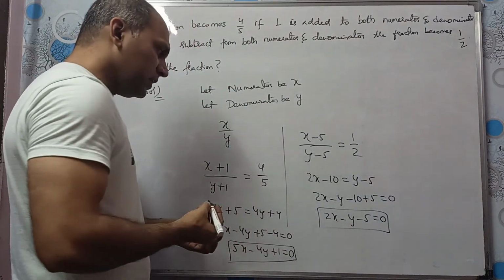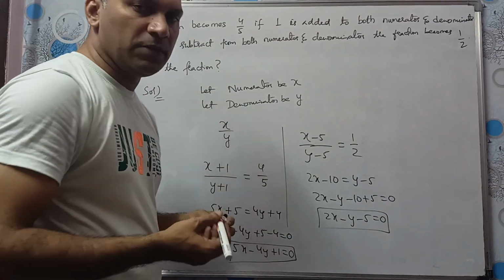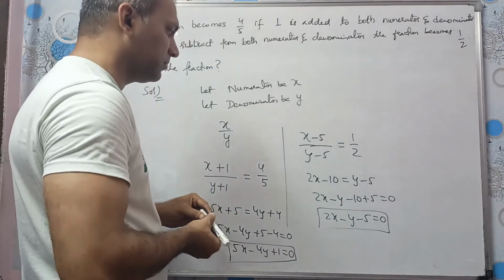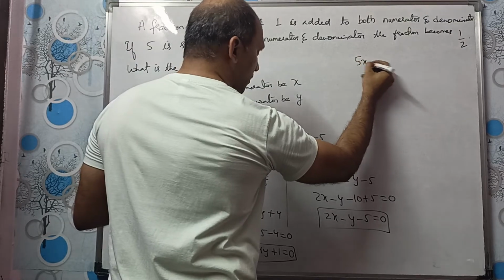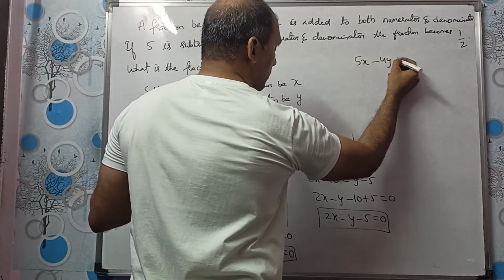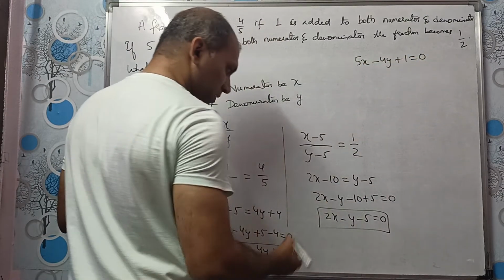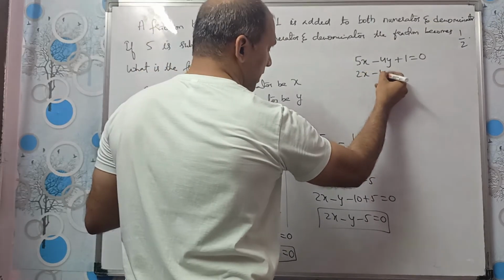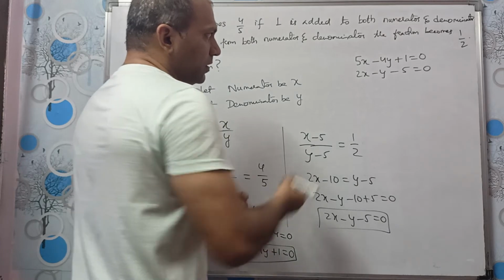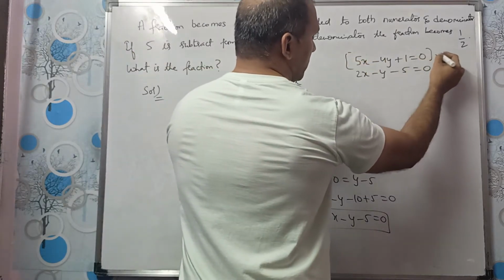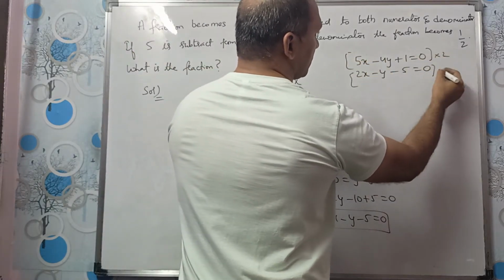Okay, we can use either substitution method or elimination method, any method we like, right? So let us use elimination method. I'll solve it here. 5x minus 4y plus 1, and this is 2x minus y minus 5 equal to 0. Okay, so let us multiply this with 2 and this with 5.